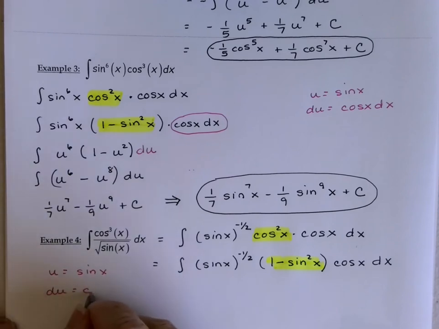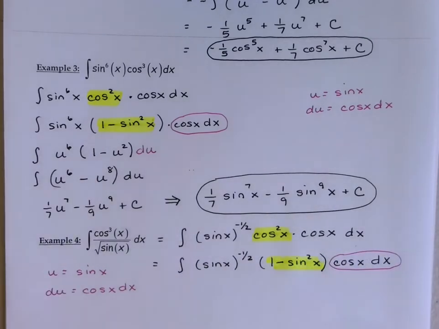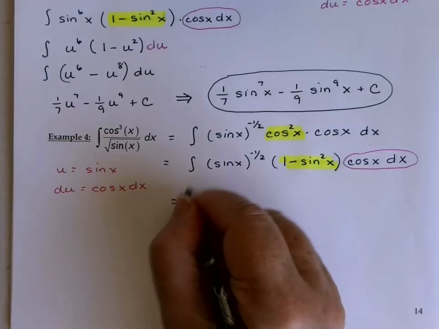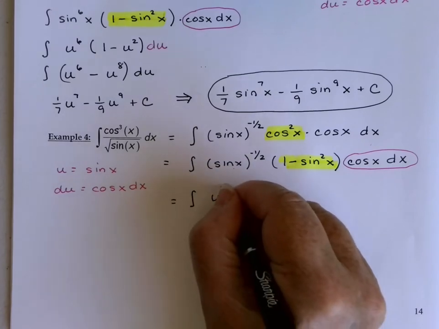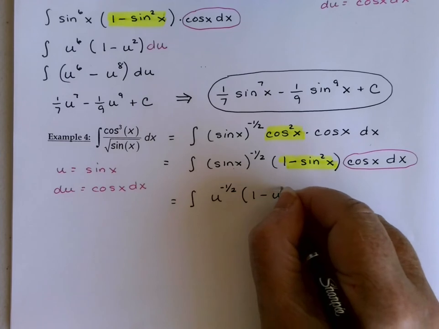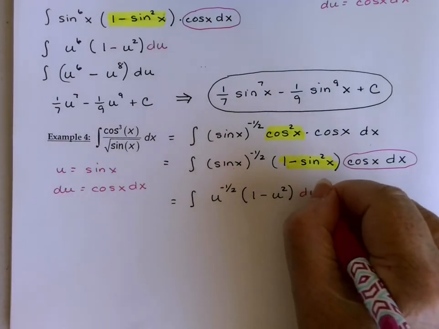So du is cosine x dx, which we've saved for ourselves right there. So my integral becomes u to the -1/2 times 1 minus u squared, and then that cosine x dx becomes the du.